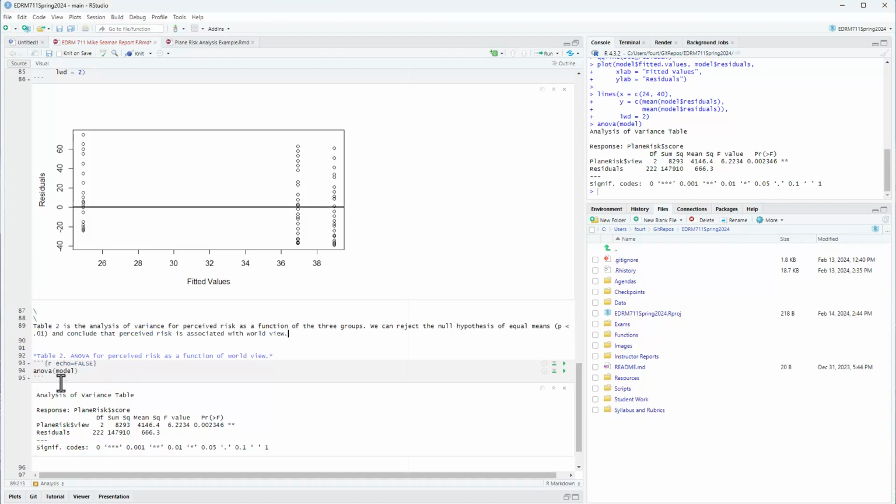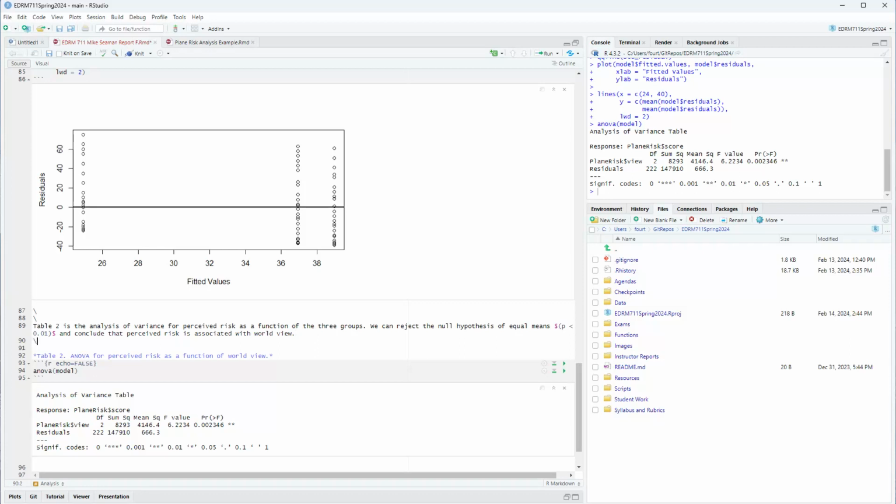Table 2 is the analysis of variance for perceived risk as a function of the three groups. We can reject the null hypothesis of equal means, p less than 0.01. And I actually prefer always to put a 0.01 and conclude that perceived risk is associated with worldview.